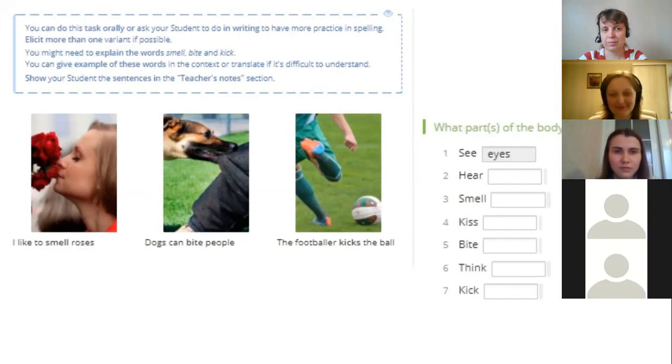We don't usually say what parts of the body we use to do something. It just takes time to process the meaning of this. Right, it's just not relevant. If we think about everyday communication, in which situations would you need to say, I can hear with my ears?